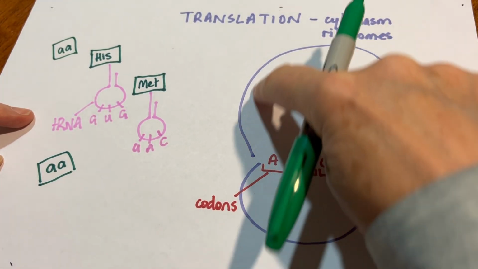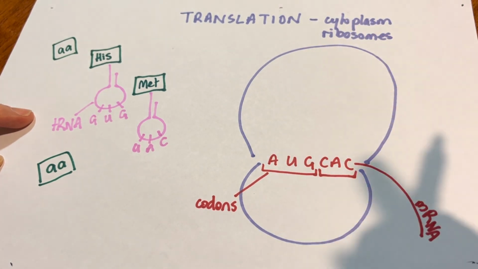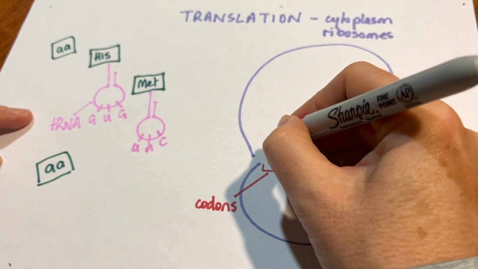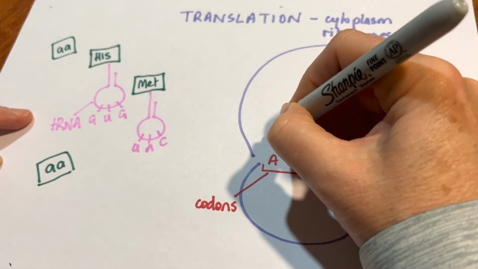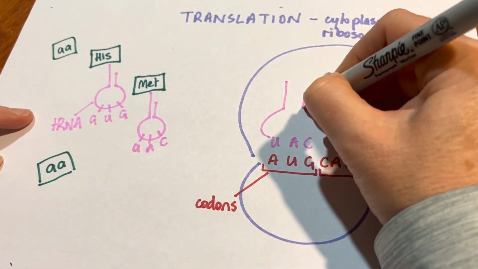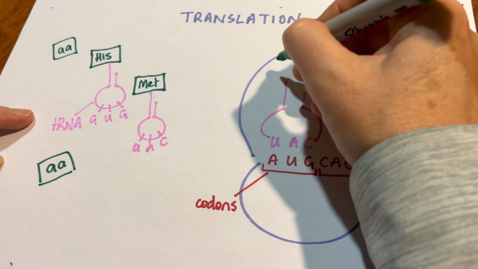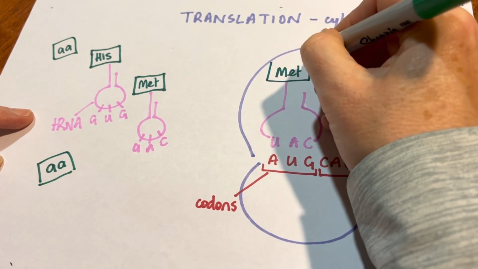So into the space, the sort of structural scaffold of the top of this ribosome here, we will be able to fit in the tRNA with its anticodon, U, A, C. And attached at the top will be the amino acid methionine.